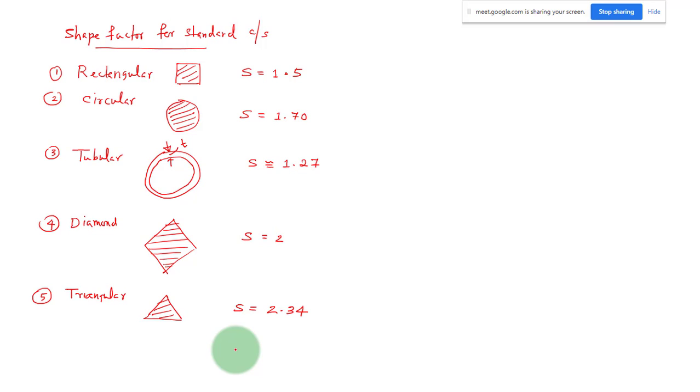Okay, and another one is the hollow circular section. Maybe hollow circular is already given here. So it is around 1.2 to 1.27. And the thin rectangular section, the sixth one. Okay, so this is the cross section.